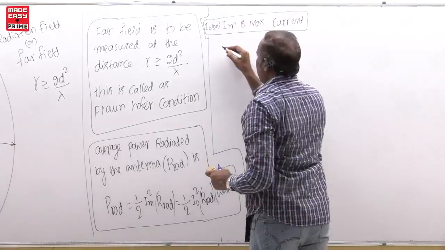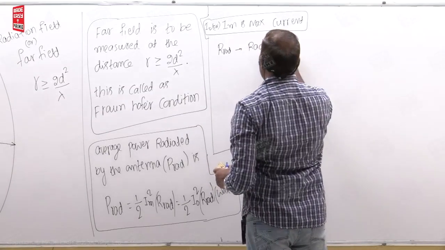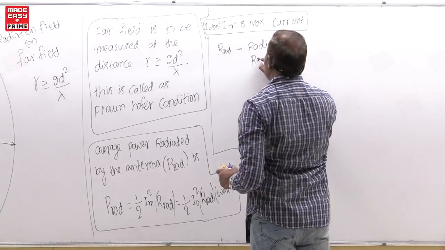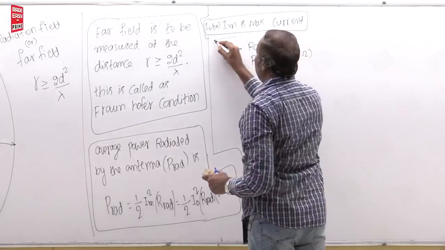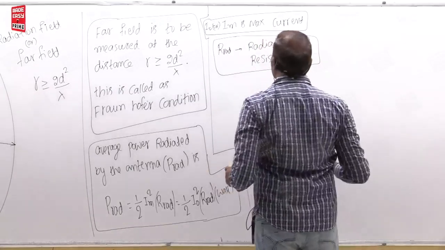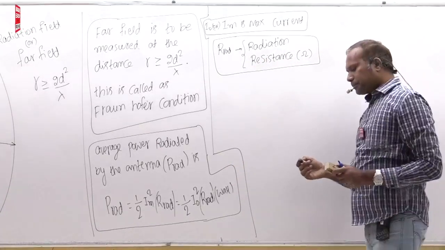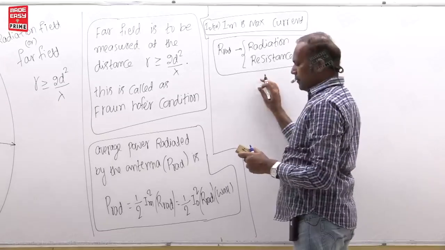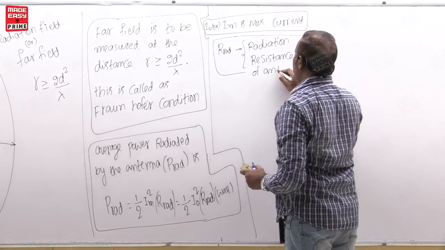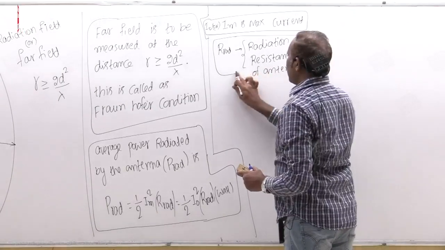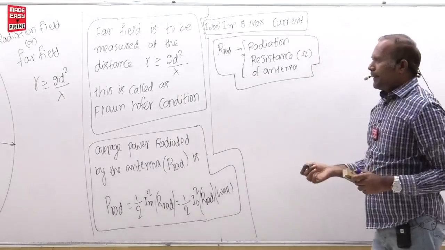This one is the radiation resistance, in ohm, the radiation resistance of the antenna. It is like simple network theory, and you need not worry about that.